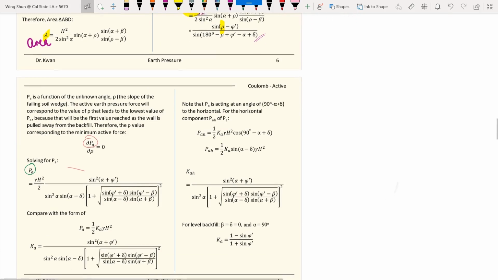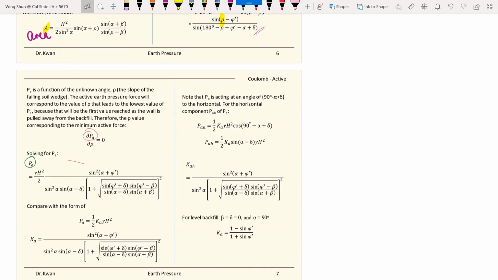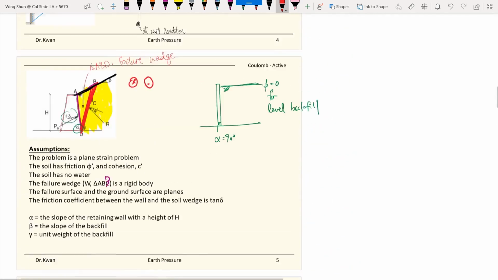And after that, we compare with the stress distribution diagram. Because this is the force that we find mathematically through the Coulomb theory, and through the stress distribution we know the force is equal to 1/2 the earth pressure, now in the active condition, times gamma H squared.